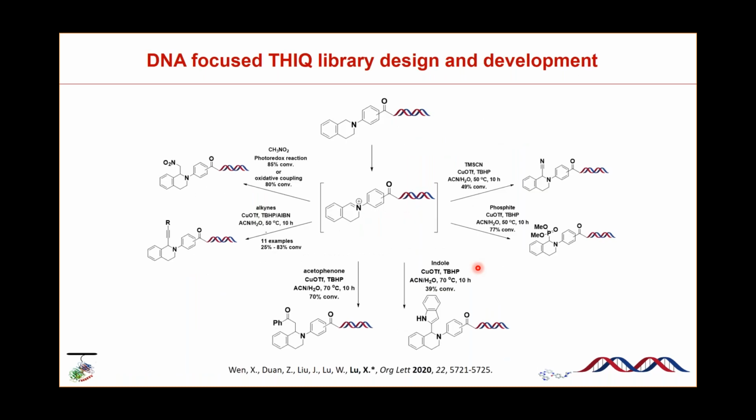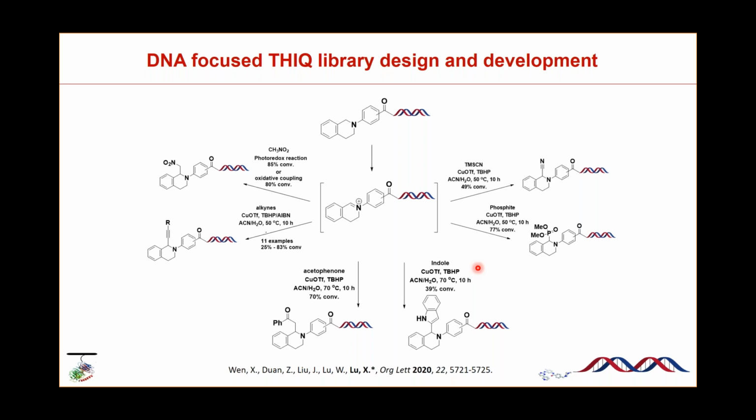My group is also interested in this type of photochemical condition. We use the THIQ type of scaffold as an example. We applied both photo and copper metal conditions, and we found that, especially at the C1 position, we can do all kinds of nucleophilic additions.